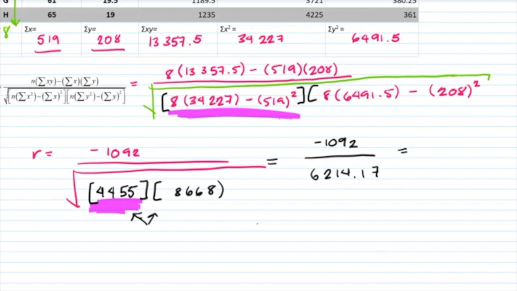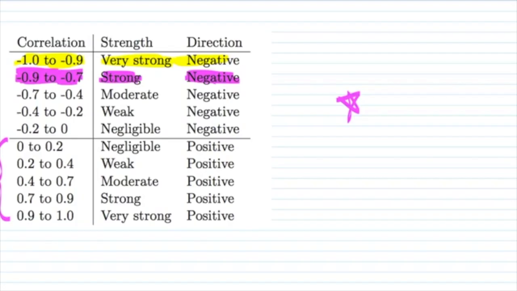And the correlation is going to be negative 0.176. Okay, so it's negative. Now I just need the word to classify the magnitude of it. So negative 0.176 is between 0 and negative 0.2, and we can call it negligible and negative.